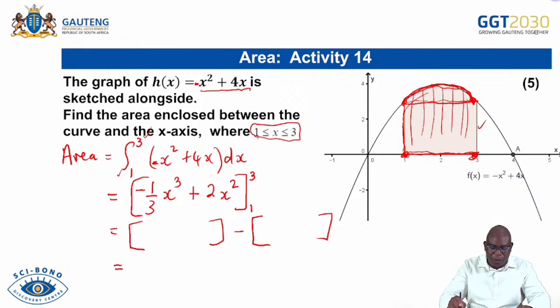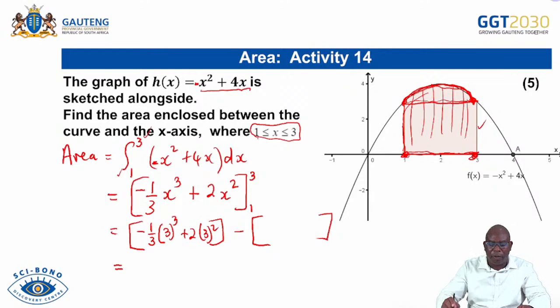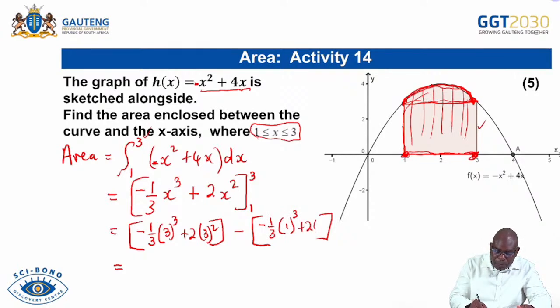So I'm going to say negative 1 over 3, substitute first by 3 cubed, then plus 2 into 3 squared. So I'm done with the 3. Then I'm substituting by 1. So I'm going to have negative 1 over 3, substitute by 1 cubed, plus 2, substitute by 1 squared. From here, I use my calculator.